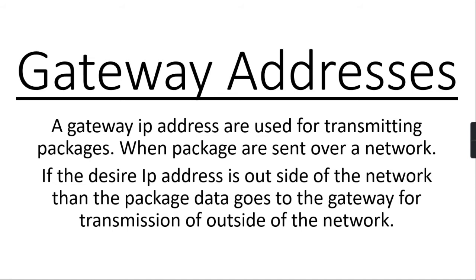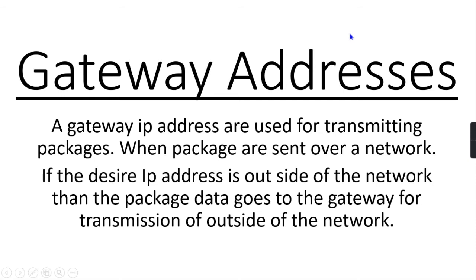Whenever the desired IP address is outside the network, the gateway of the transmission has to work with that IP address. So the gateway is actually the permission line that allows the package to flow.